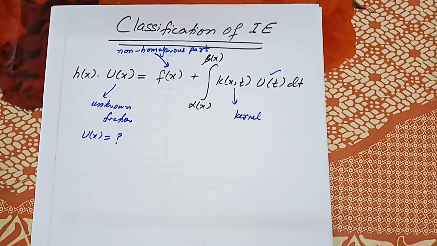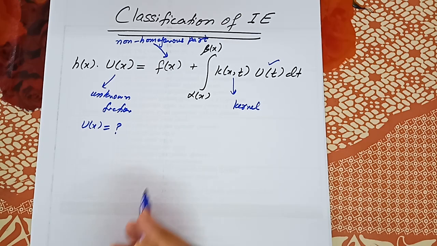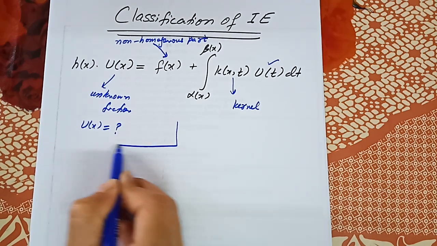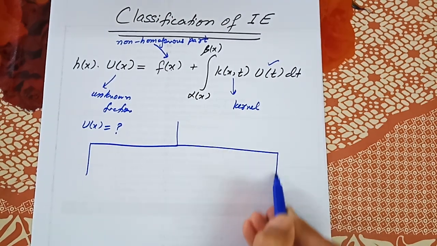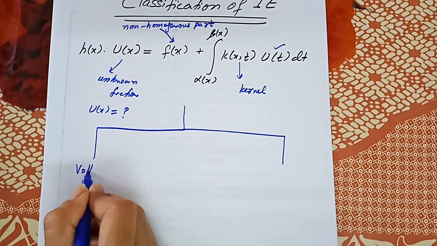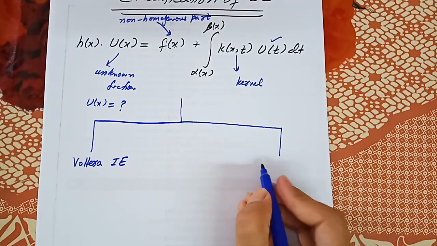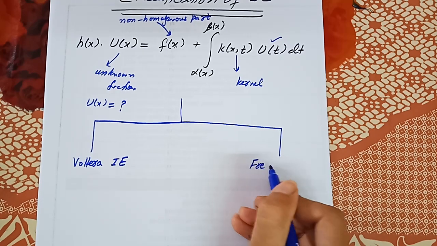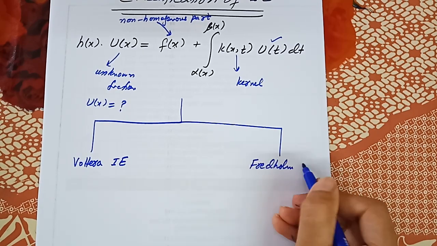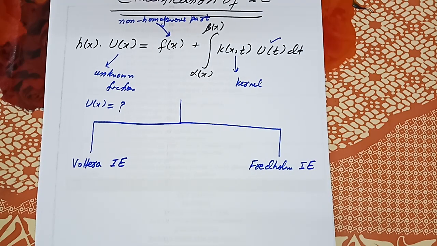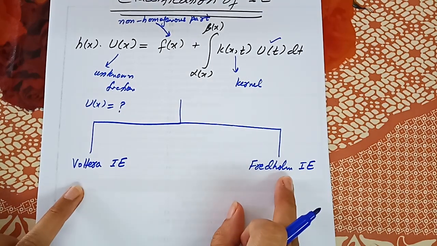Now, in the classification of integral equation, we have two main types of integral equation. The first one is Volterra integral equation. The second type is Fredholm integral equation. Now what are these?